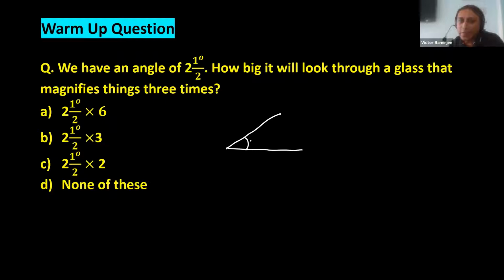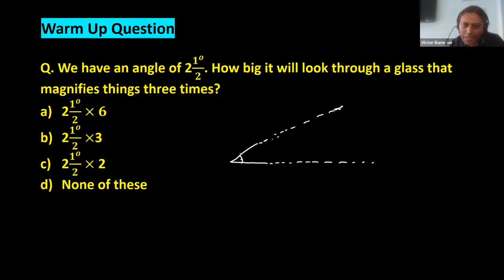Now you view this angle through a mirror which magnifies the object 3 times. That means this line will become 3 times. The original line and the new line is 3 times the previous.